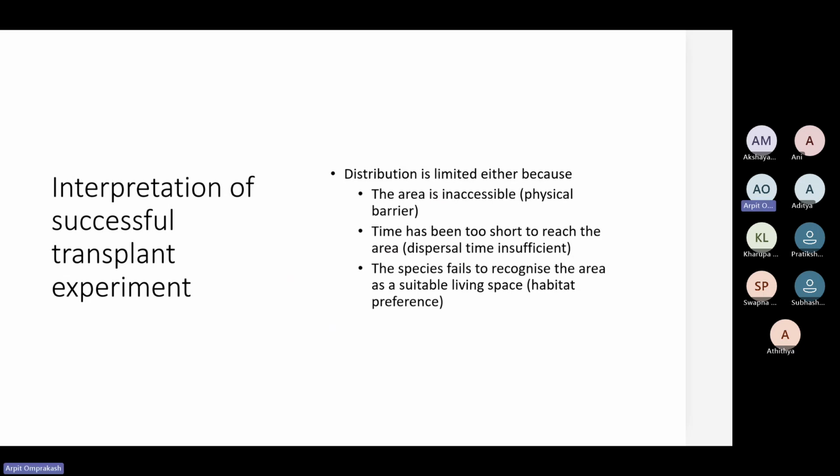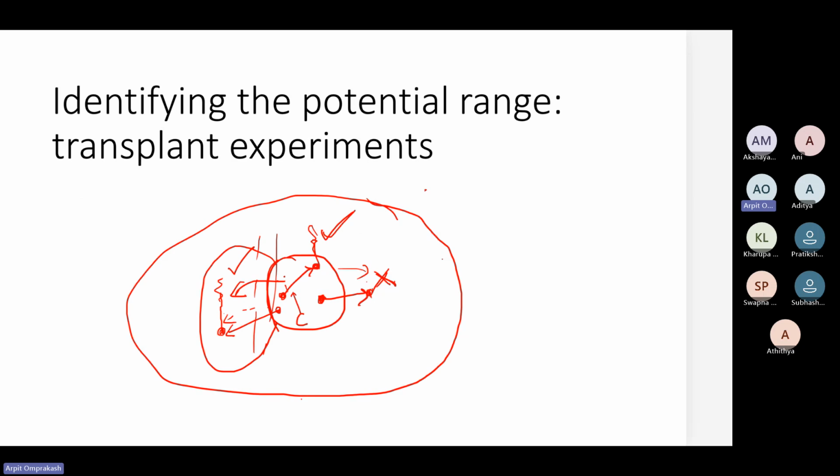There's not been enough time for the plant to disperse to that area, so given more time, it might go there. And the third thing is the species fails to recognize the area as a suitable living space. So this is habitat preference. Maybe there are some species here that the plant is not liking, or some area here that the plant is not liking, and that's why it prefers to stay in this area.